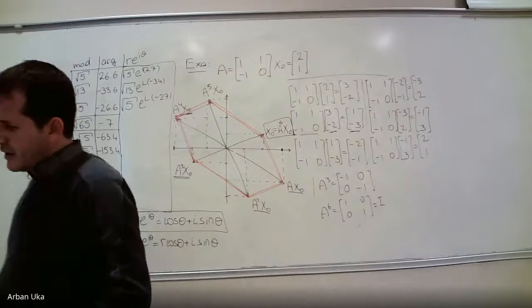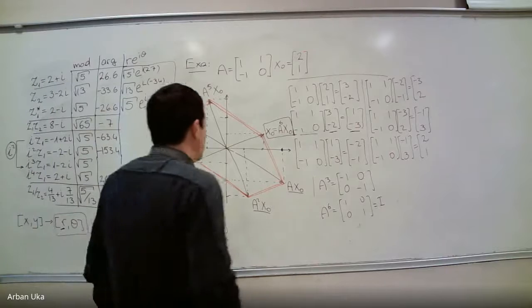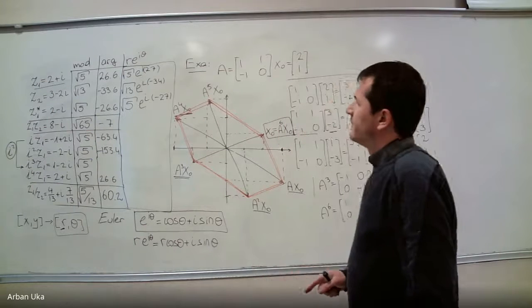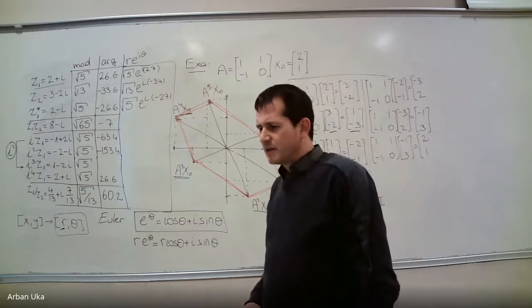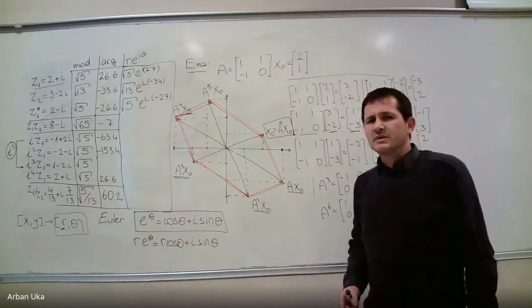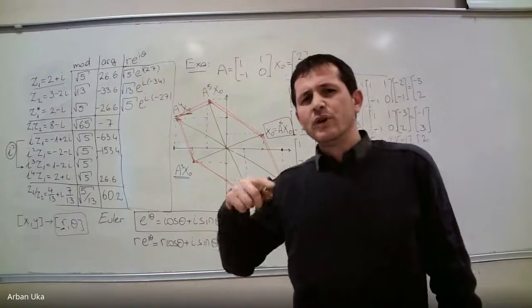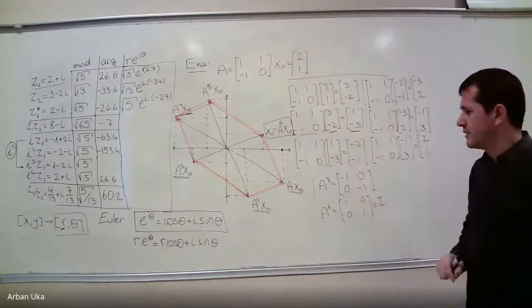Now, what if we try to think in terms of the multiplication by a complex number. We said that if we multiply by a complex number, we obtain a rotation of the vectors that we have initially given.